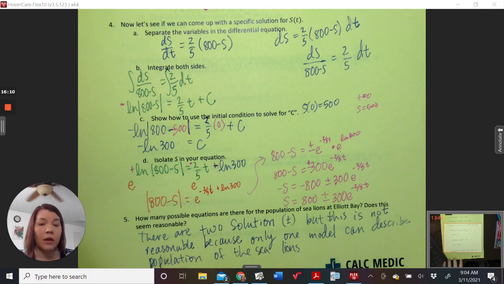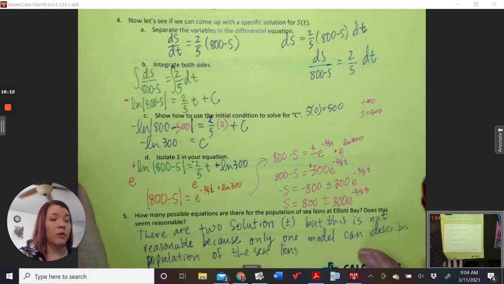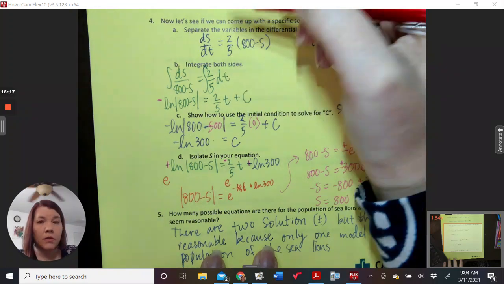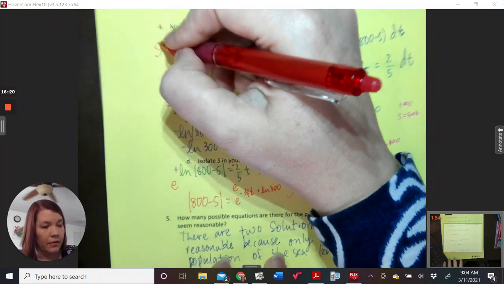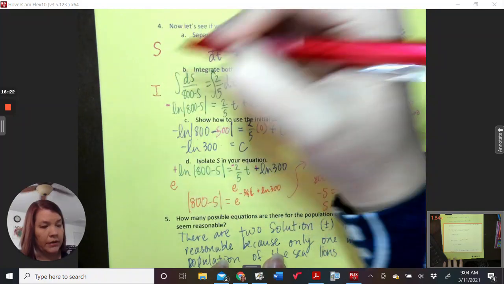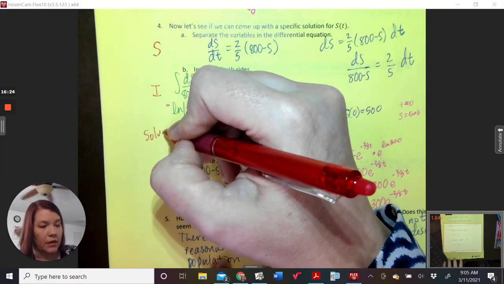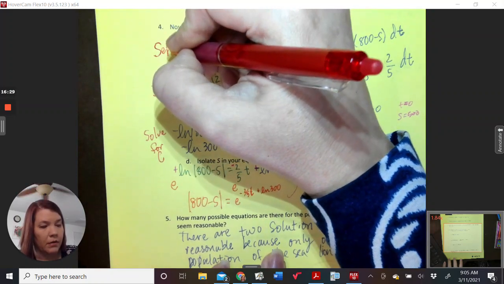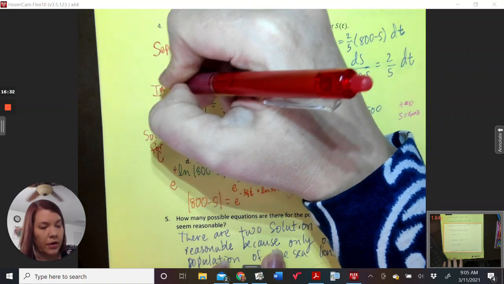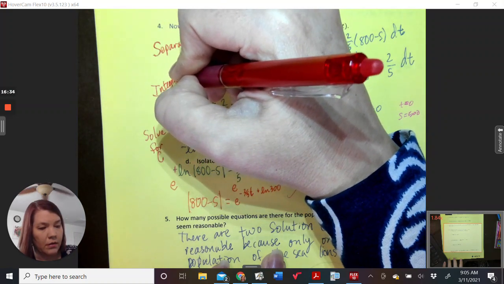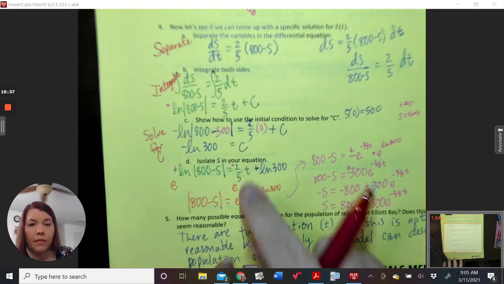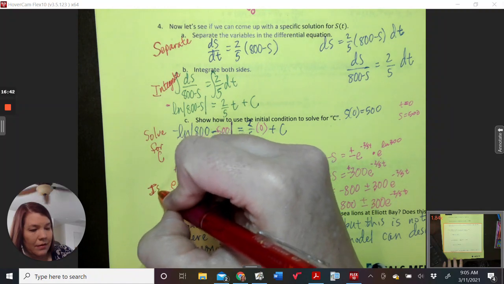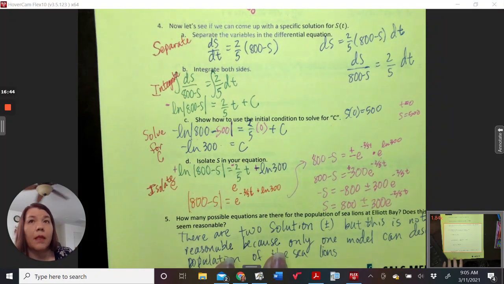First we separated, then we integrated, then we solved for C. So we separate, integrate, we solved for C, then we isolated, and now we're on select. So now we have to pick one. Usually we pick one. We don't usually have two final answers.